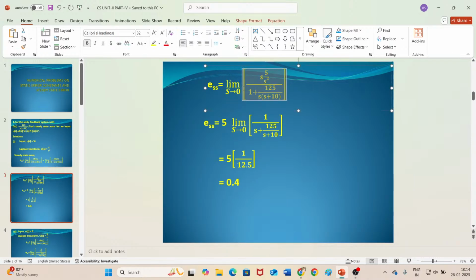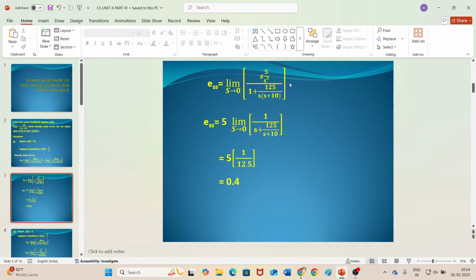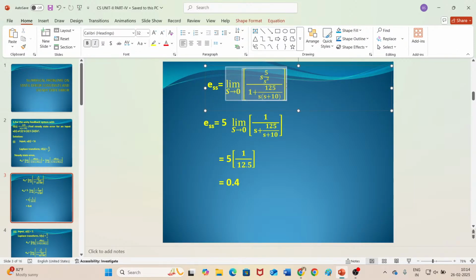So if you simplify this further, what do you get? What you are going to get is the numerator 5 left over, 5 divided by s.